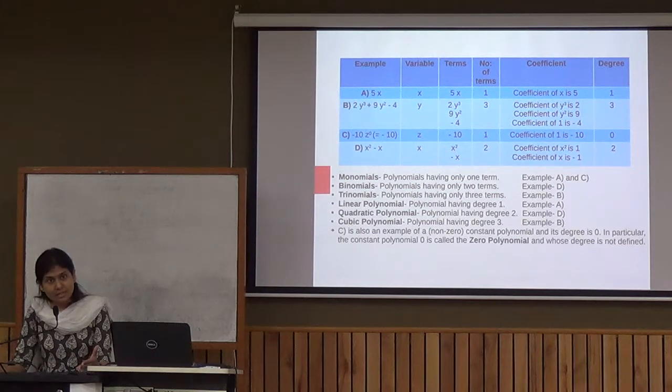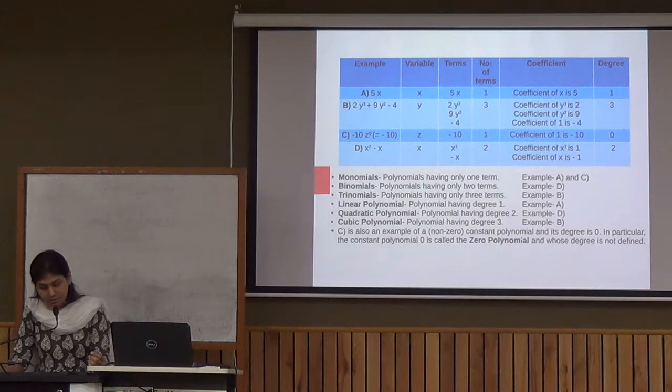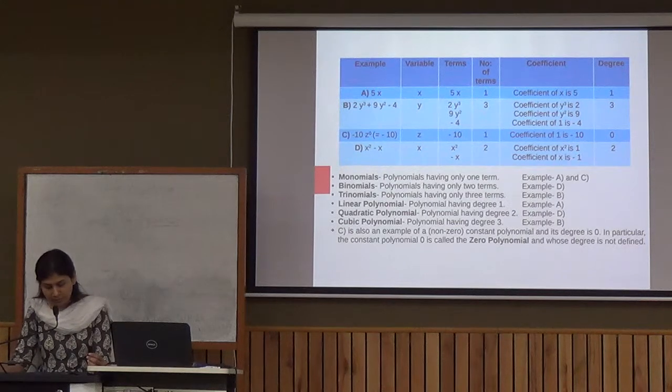Now, as you can see in this table, example A and C, that is 5x and minus 10 z^0 or minus 10 are the polynomials having only one term. Therefore, these are monomials. Subsequently, example D, x^2 minus x is a binomial, and example B, that is 2y^3 plus 9y^2 minus 4 is a trinomial.